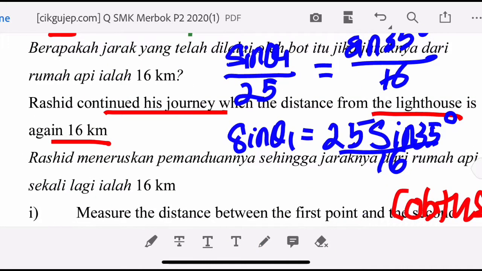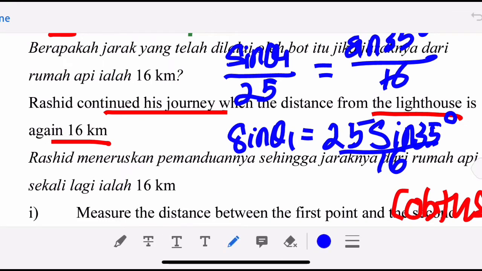For your information, for sine, if it is positive, you should expect two answers. Because for all the trigonometric angles, there are two quadrants which are positive and two quadrants which are negative. So you have the all-sine-tan-cos rule, right? If you press a calculator, you will have 63.66 for your theta.